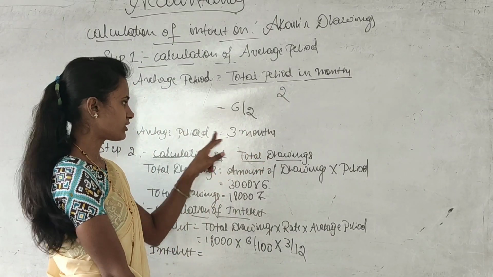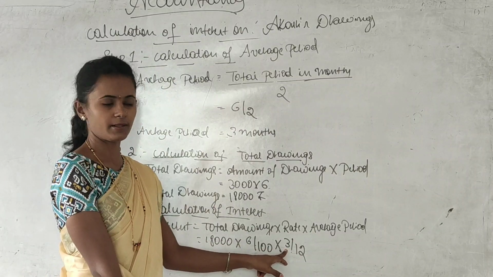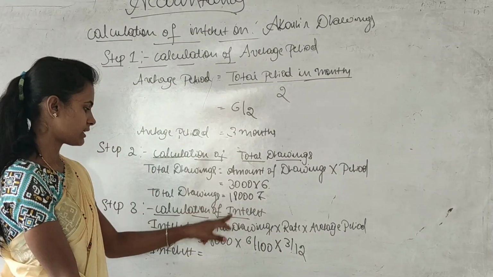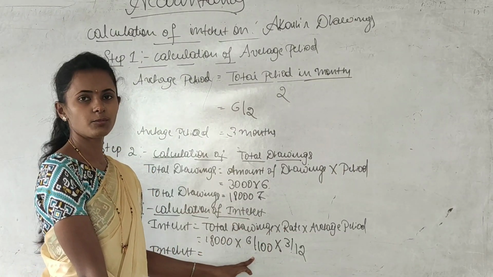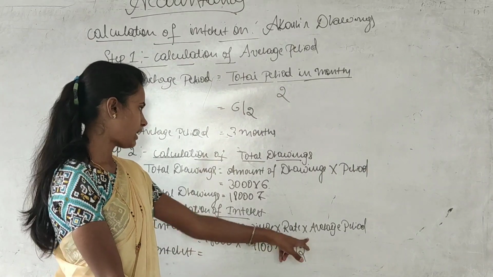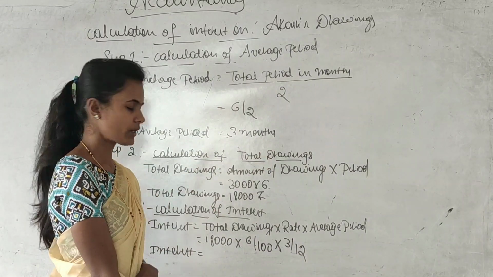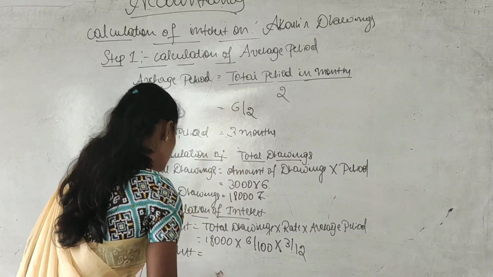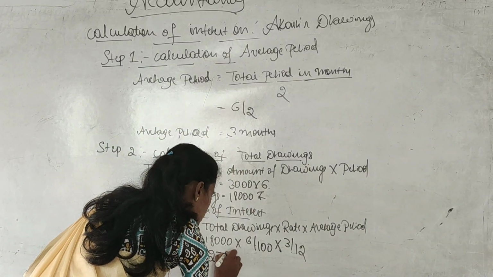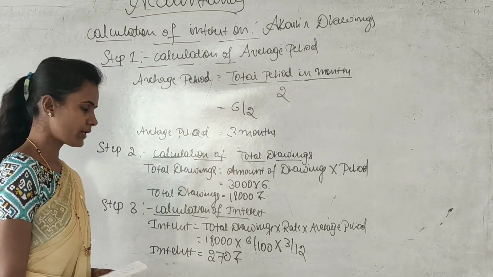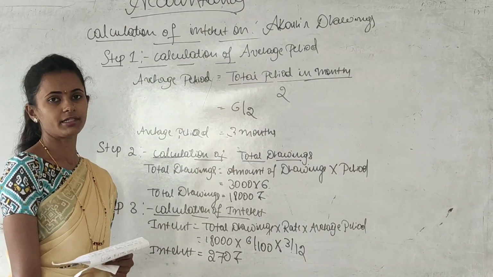That is the 3 months we calculated in step 1. So 18,000 is our total drawings, into the rate given in the problem, 6%, and the average period is 3 months. If you do the same calculation, you will get an amount of 270. Okay, this is our interest, 270 rupees.